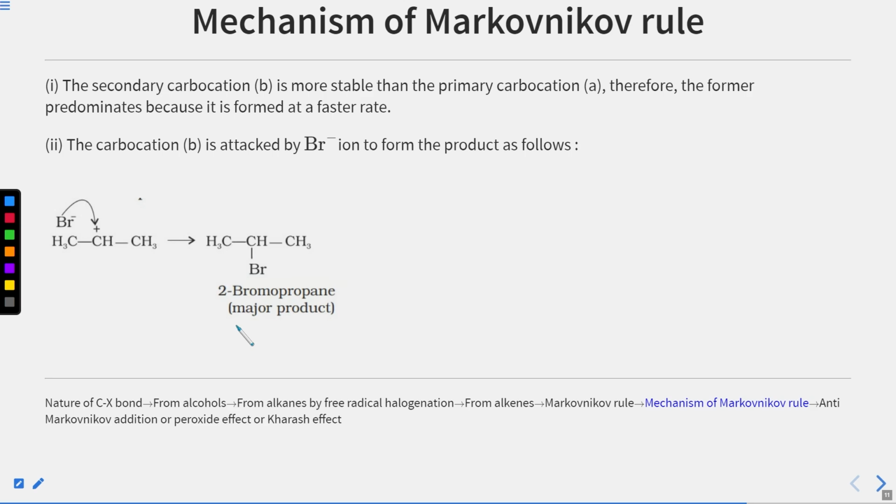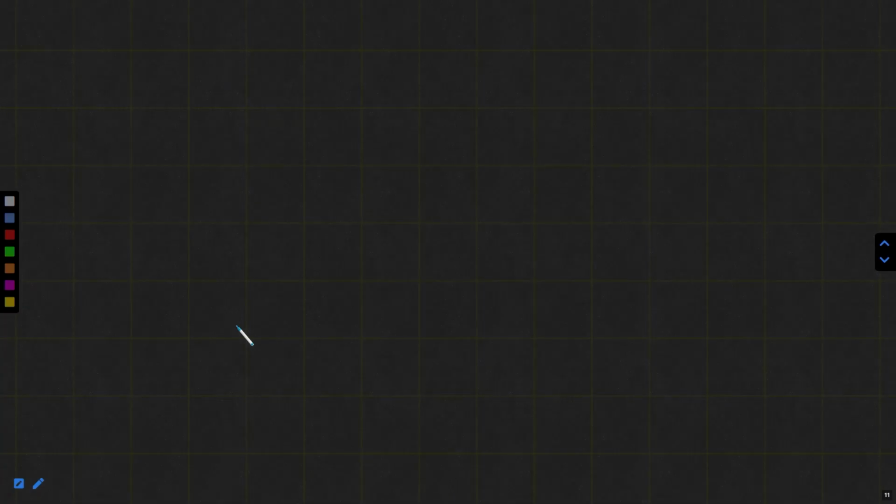So if you have studied the inductive effect, then you will be easily able to predict. So why is it happening? The first one goes like this. Suppose we are adding the H plus on the first carbon. So it will look like this.